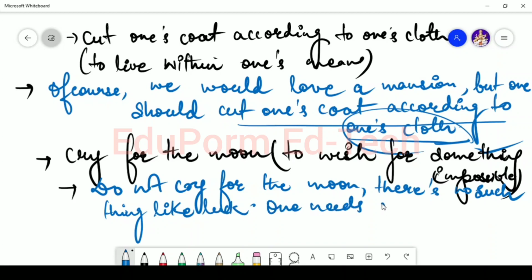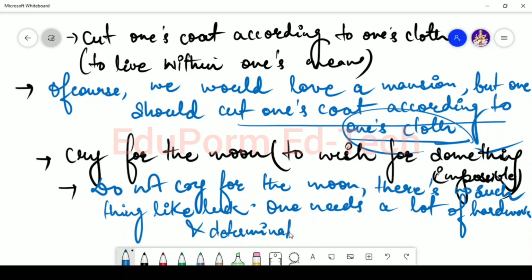One needs a lot of hard work and determination to crack UPSC. Okay, so do not cry for the moon means do not wish for something impossible without doing the work. Do the work.